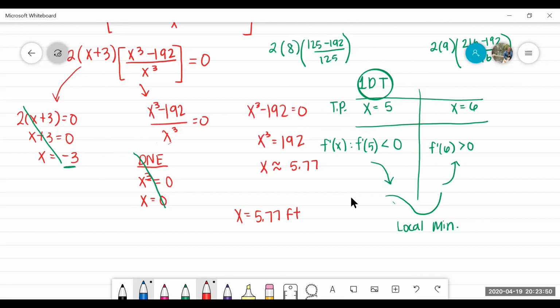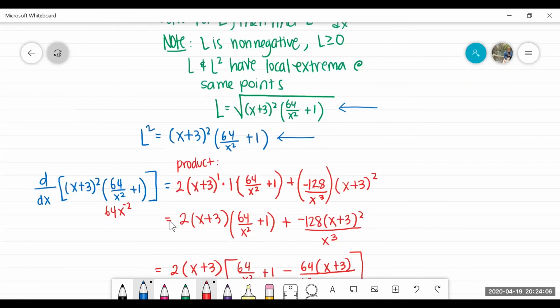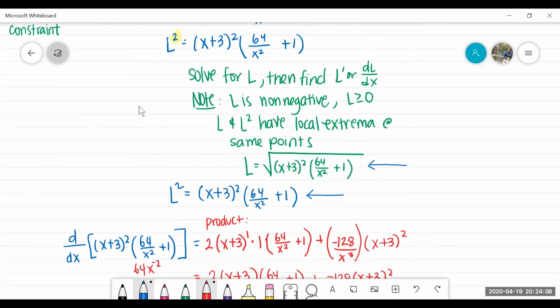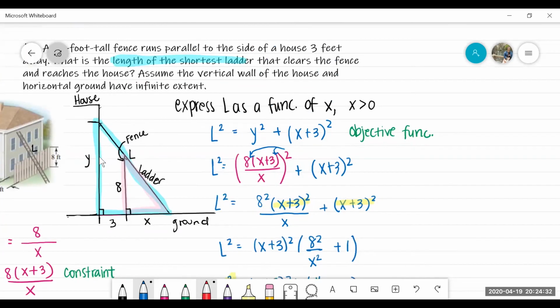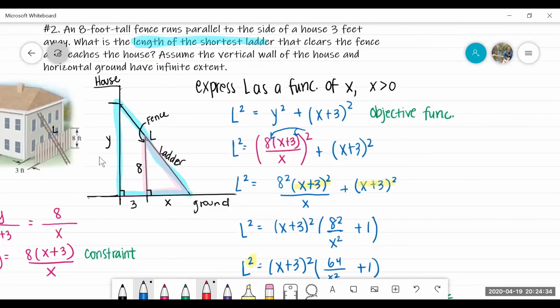Gave us a local minimum. So I'm going to go back up to my original question. Because again, you want to make sure you're answering whatever the question asked you to do. So if we're looking at this picture, right, this pink and blue picture that I drew over here, we found this value to be 5.77 approximately, right?